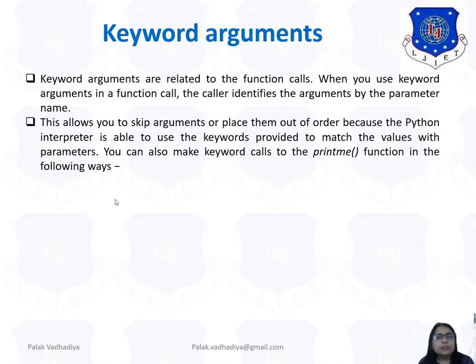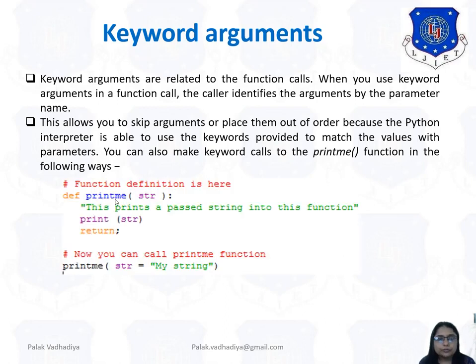That means if inside the function you have two arguments a and b, it is not necessary to pass them in that same order. By keyword you specify a equal to this and b equal to this. Then the order is not important.